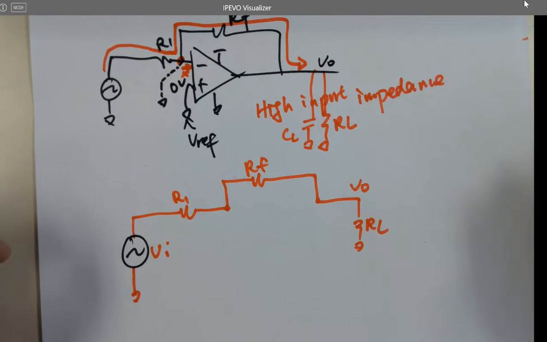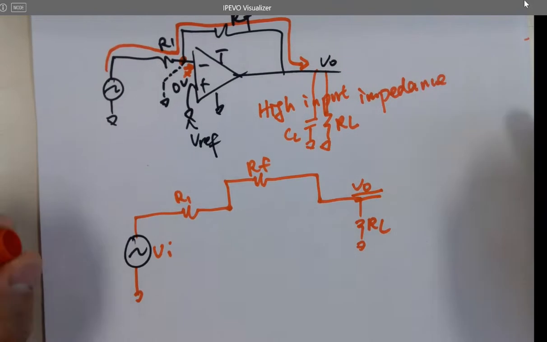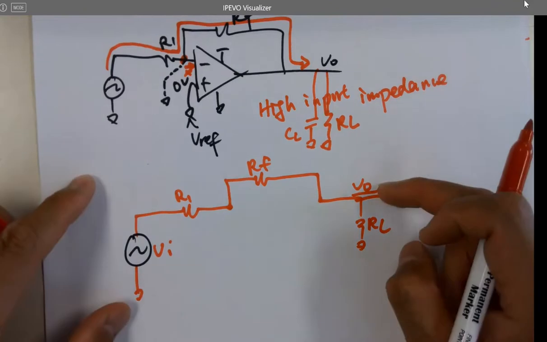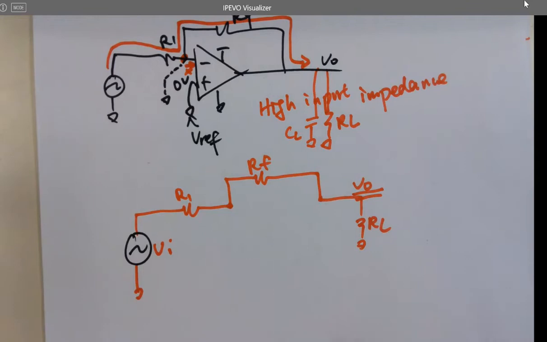Is this amplified or decreased? It's a voltage divider. You won't be able to amplify it. The maximum voltage you can ideally get is VI, somewhere very close to VI. Nothing can be larger than VI. It's not amplifying anything.